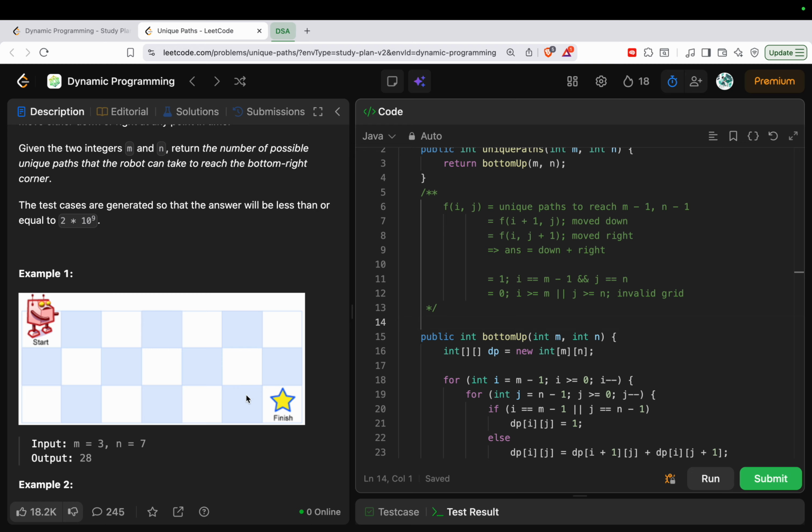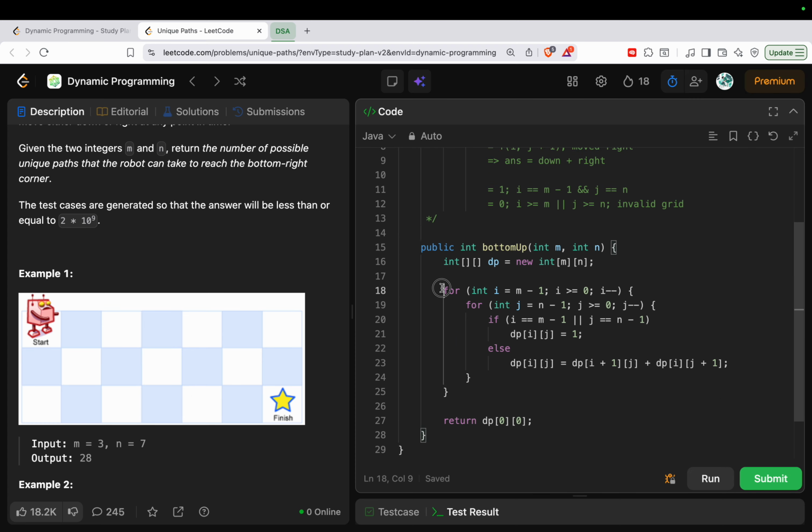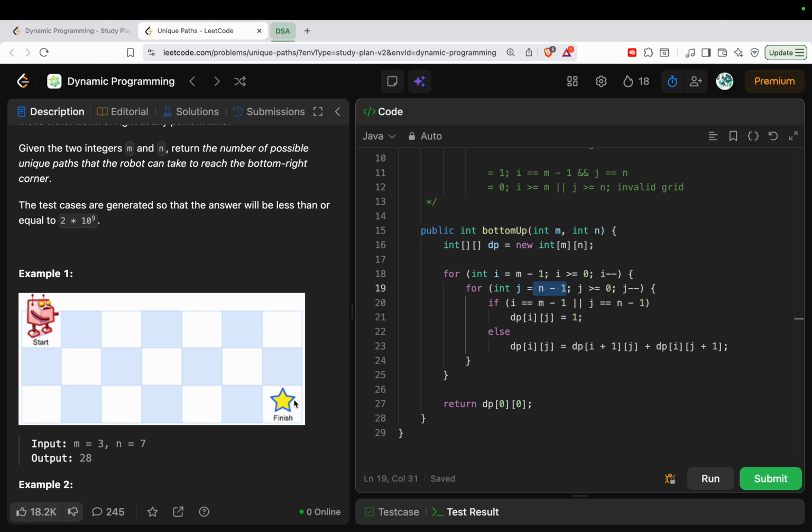We will be filling all the neighbors, and then we will be going up, okay, and we will be reaching the start. Okay, so my i loop will be starting from m minus 1 and going all the way up to 0, okay, and my j will be starting from n minus 1 and going all the way up to 0.